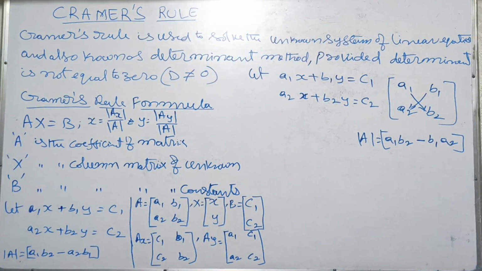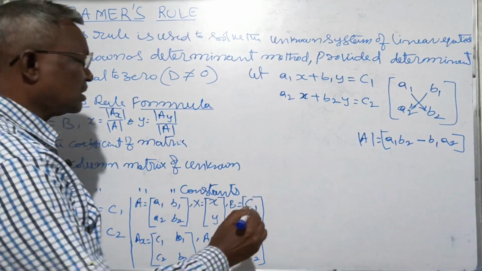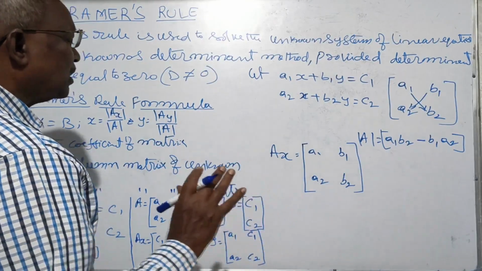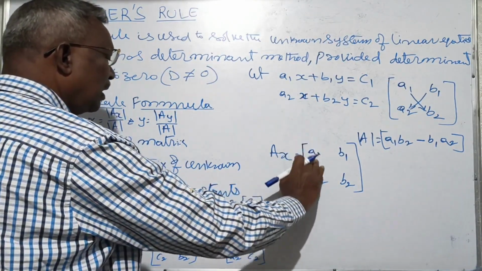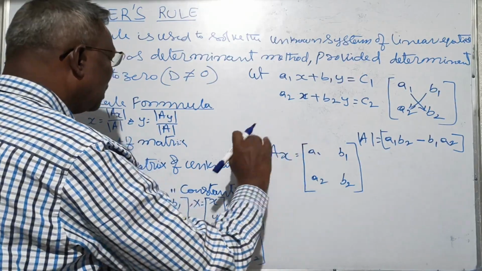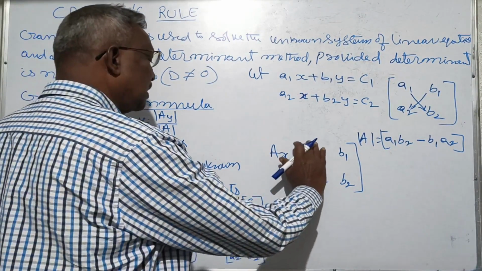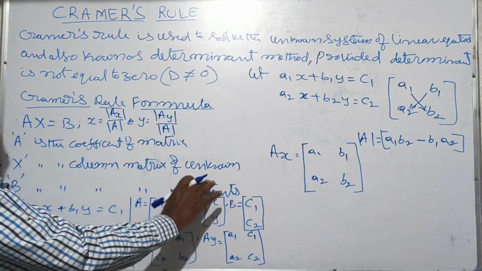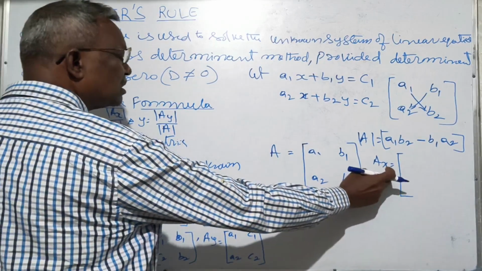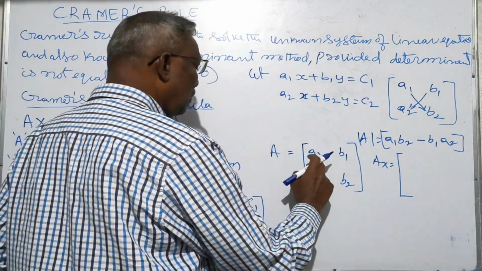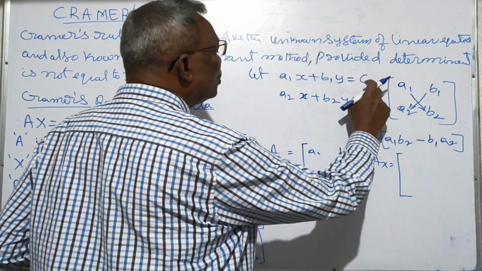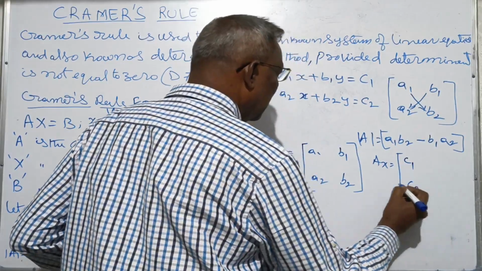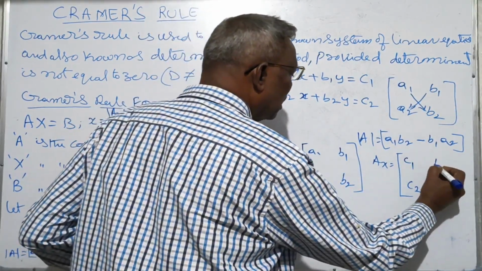Next, what about Ax? Matrix Ax is nothing but replacing the x coefficient column with the B column matrix. So matrix Ax is equal to, instead of a1, a2, we replace c1, c2, and b1, b2 stays as it is.